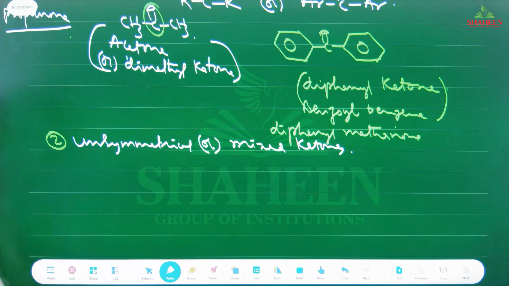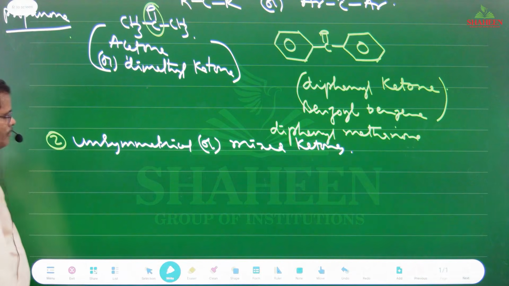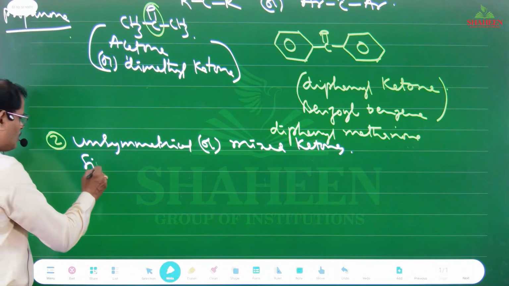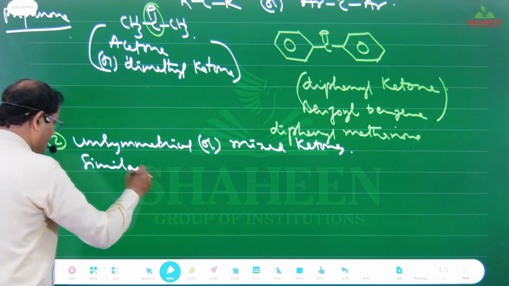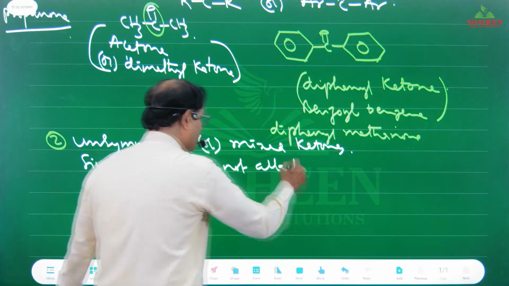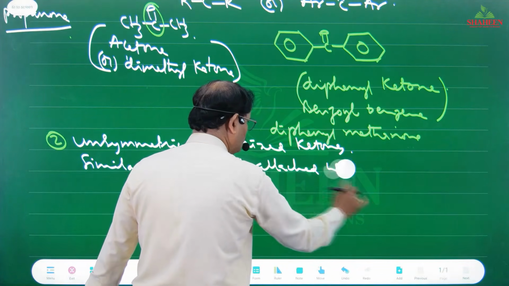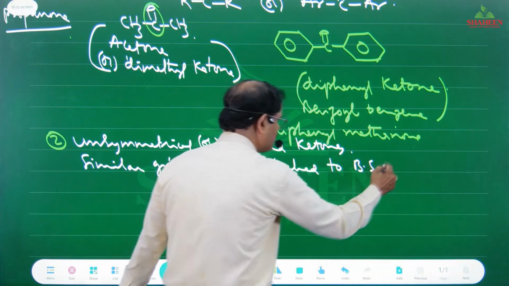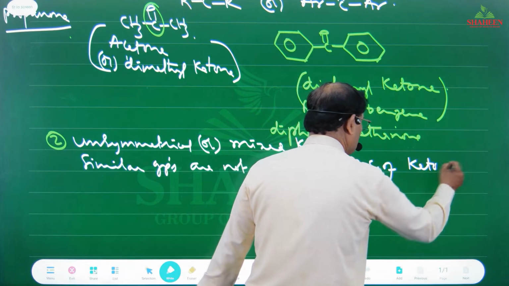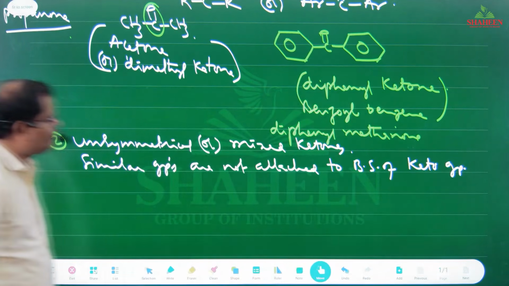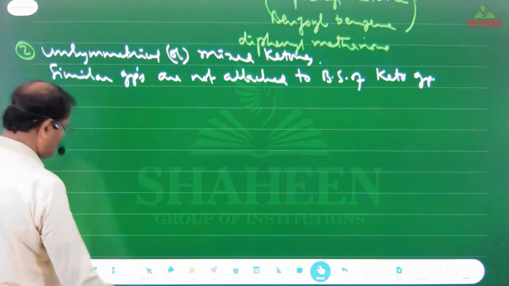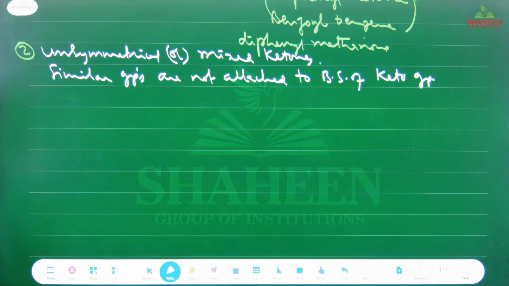Unsymmetrical or mixed ketones means that on both sides of the carbonyl group, similar groups are not attached. If different types of alkyl groups or aryl groups are bonded on both sides of the keto group, they are treated as unsymmetrical or mixed ketones.